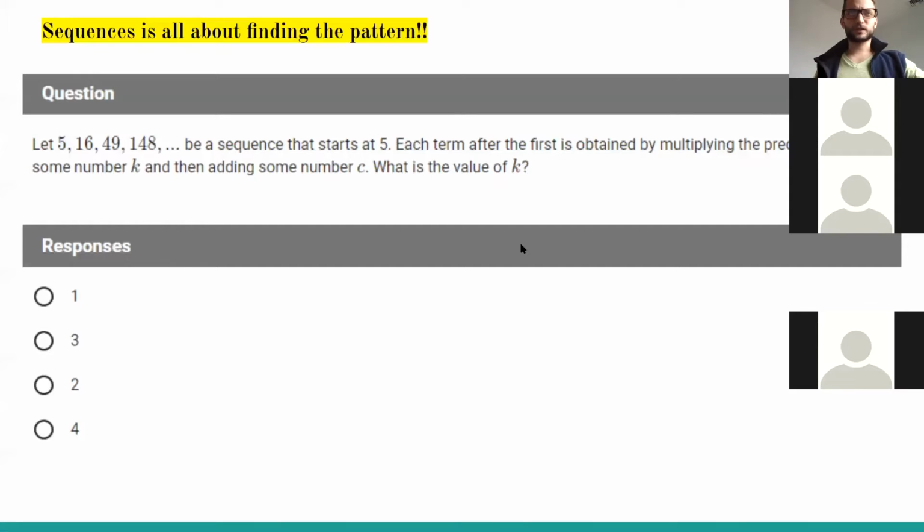All right, so sequences. This topic is all about finding the pattern. Finding the pattern. This is sequences. I'm going to post a poll. Let me see if you guys can answer this question. See what you think, and then we'll work through this one together as well.